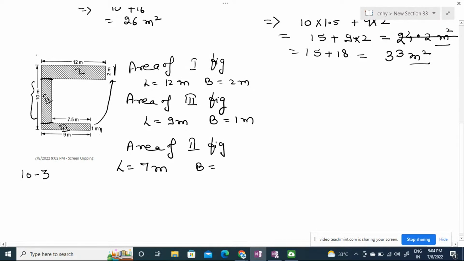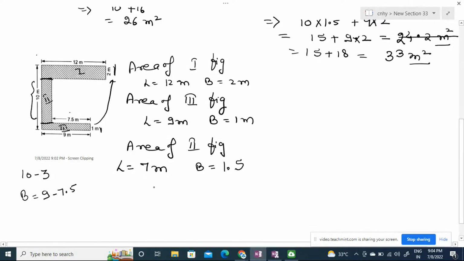Then the breadth also needs calculation. This is 12, and this is 7.5. We take 9 minus 7.5, which becomes 1.5. Yes, the breadth becomes 1.5.